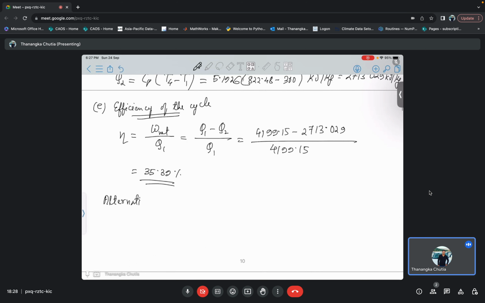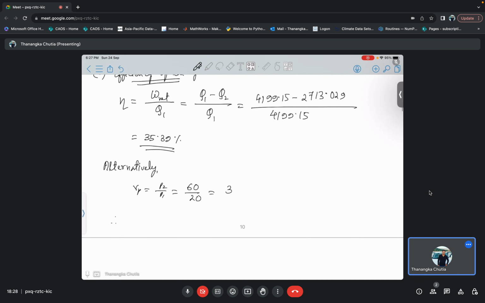Alternatively, we also can calculate, because we know the pressure ratio RP, that is P2 by P1 is equal to what? 60 divided by 20, that is equal to 3. So therefore eta is equal to 1 minus 1 by Rp to the power gamma minus 1 divided by gamma, that is 1 minus 1 by 3 to the power 0.66 divided by 1.66.